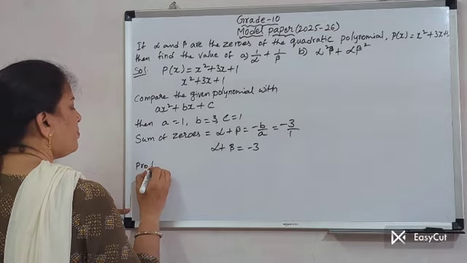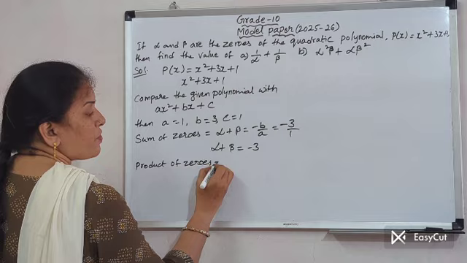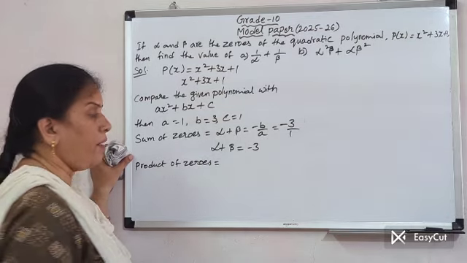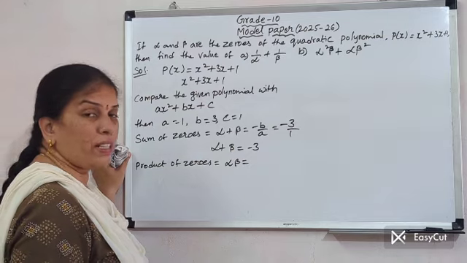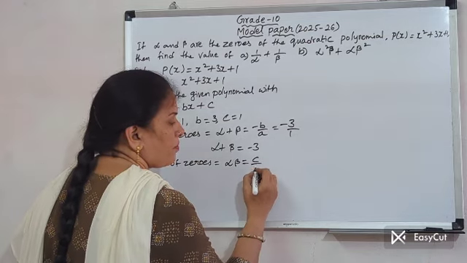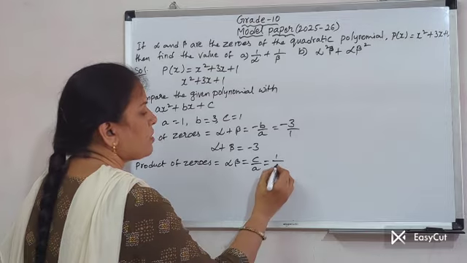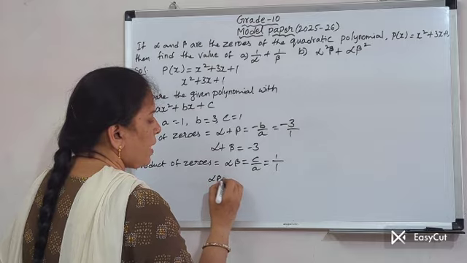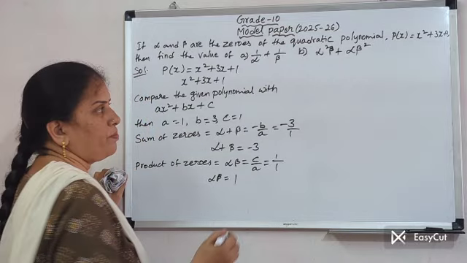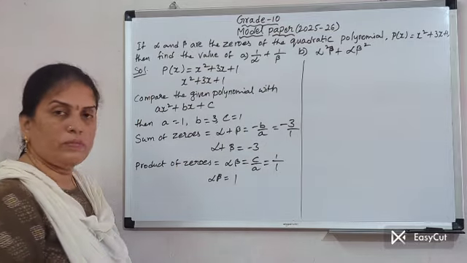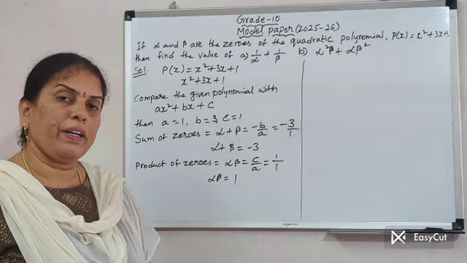Product of the zeros of the polynomial: alpha beta is equal to c by a. c means how much? 1. a means how much? 1. So alpha beta is equal to 1 by 1, which is 1 only. Now we got alpha plus beta and alpha beta.